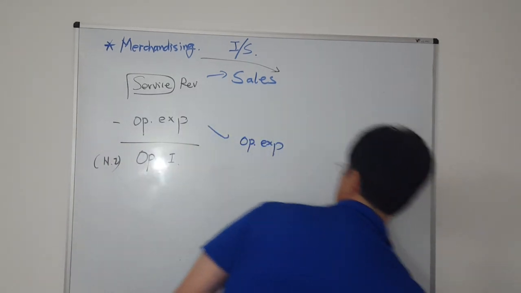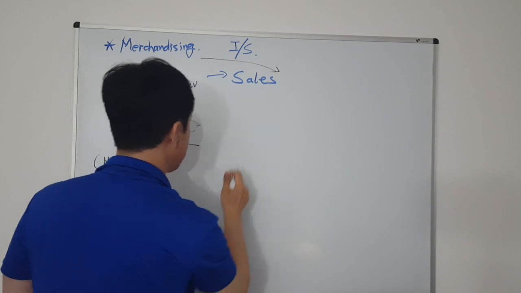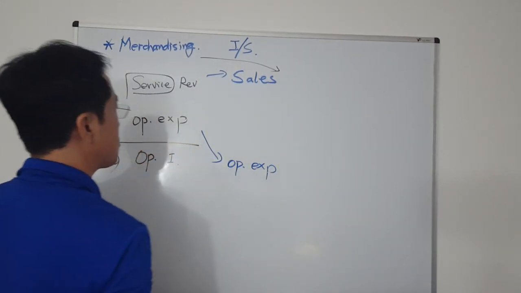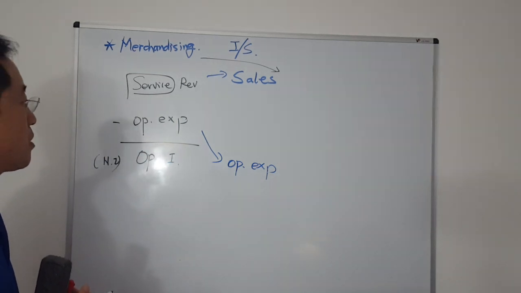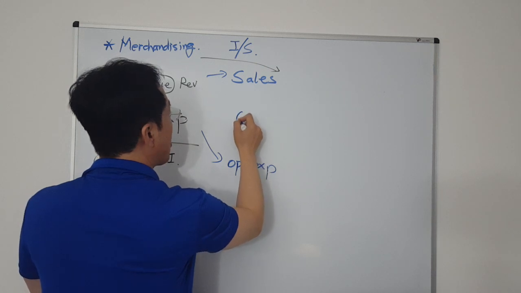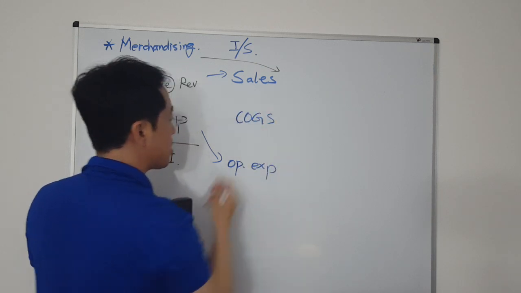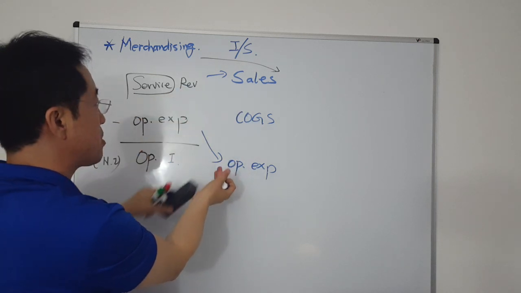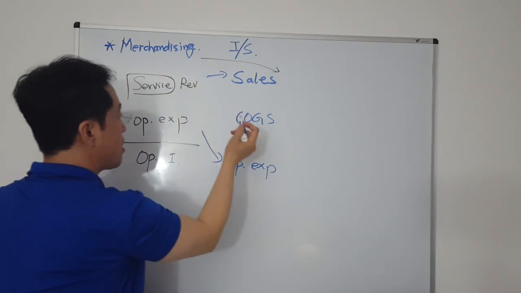Let's make it lower. Operating expense, same as service industry. We have what? Product expense as well.